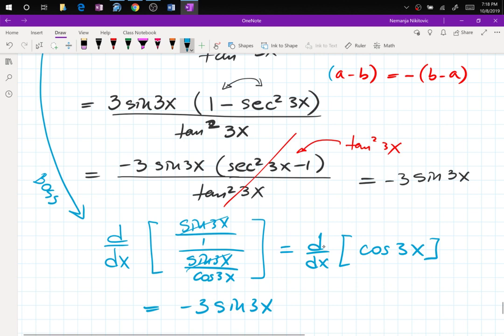Section 3.10, derivative of inverse trig functions. So we are left with implicit differentiation, related rates, logarithmic, and so we have 4 sections left to deal with in this chapter, and then test 2.